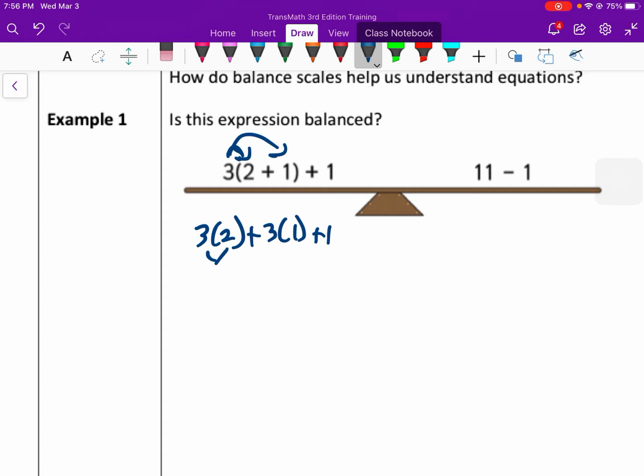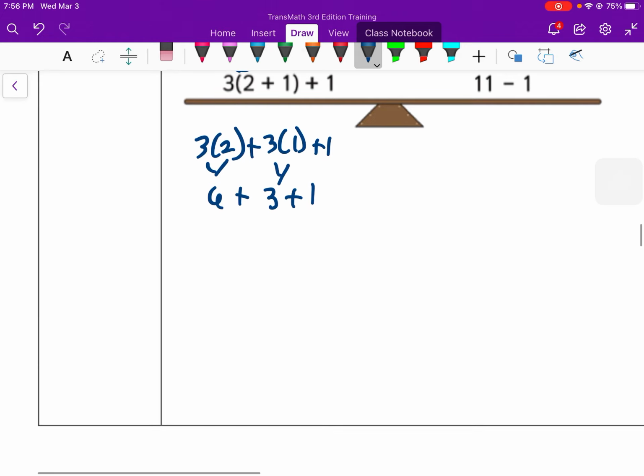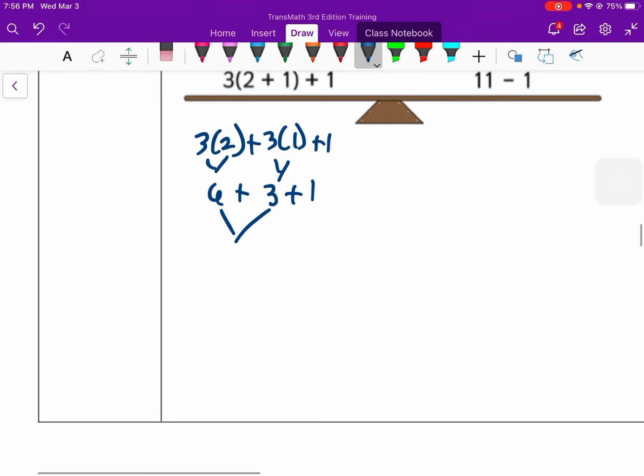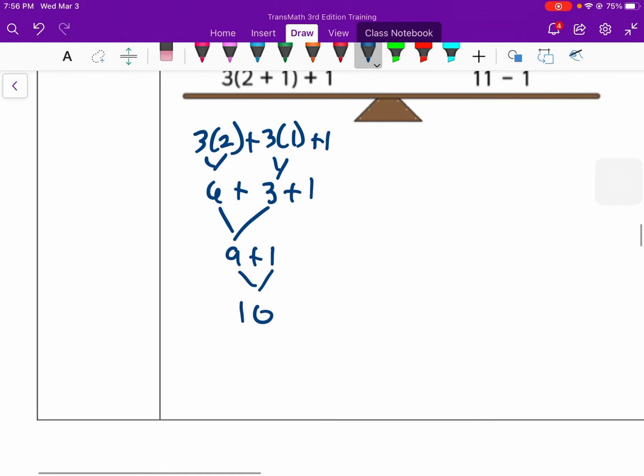So we can multiply left to right. So we get 6 plus 3 times 1 is 3 plus 1. Since addition is both associative and commutative, you could add any way you want, but I'm going to add left to right. So I get 9 plus 1 is 10. So my left side should equal 10.